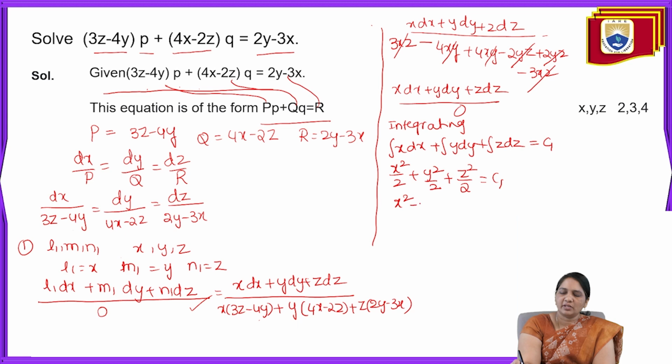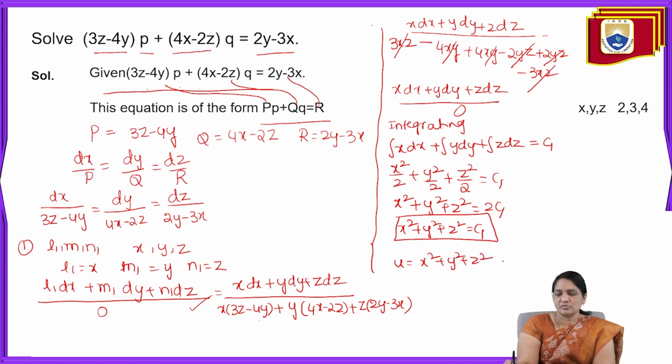Finally, I can write this as x square plus y square plus z square equal to 2c1. So this is x square plus y square plus z square equal to c. This is our first solution, that is u equal to x square plus y square plus z square.